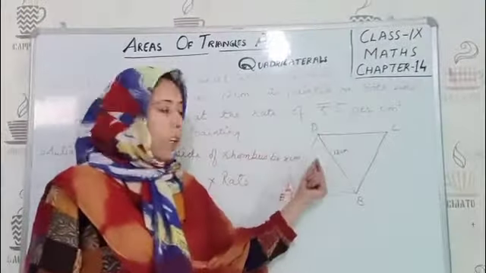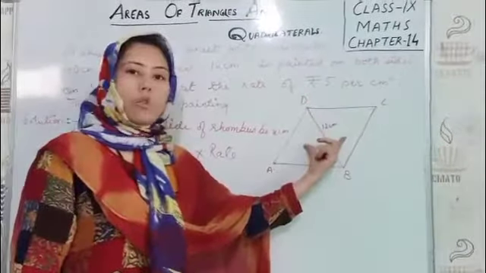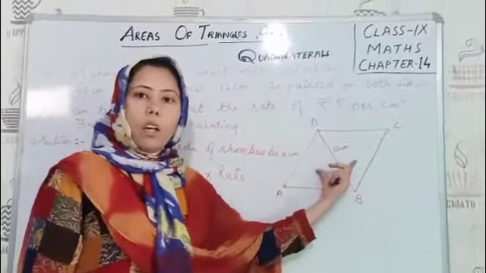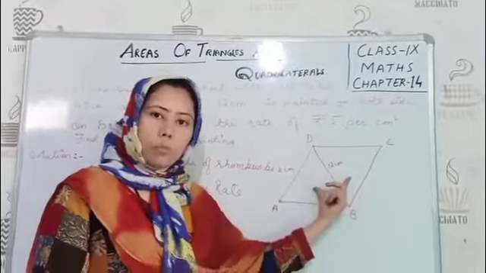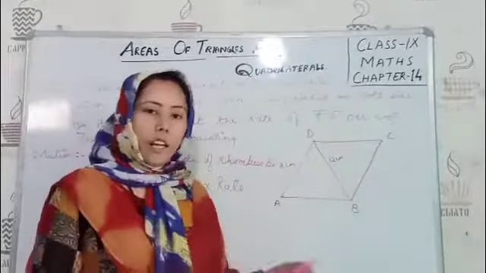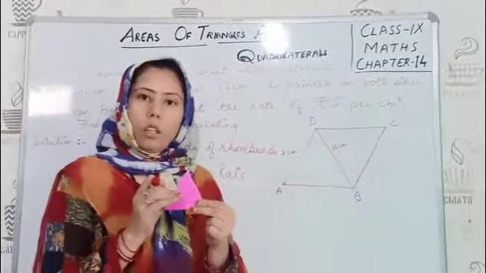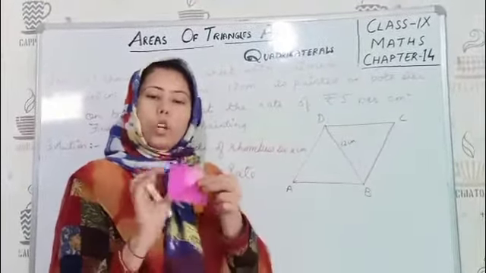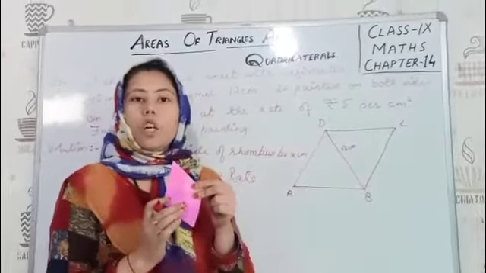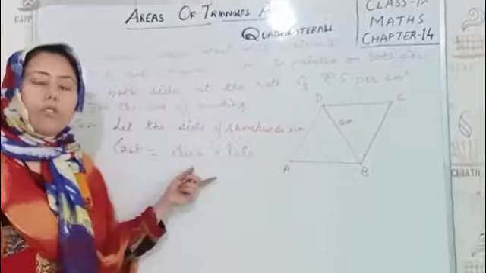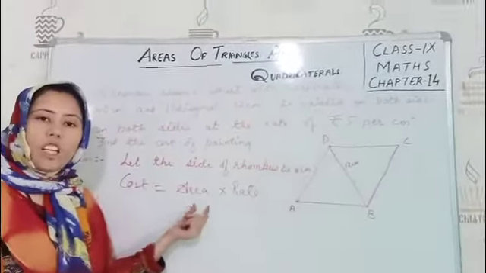A, B, D triangle and B, C, D triangle. The area of these two triangles when we will add, then we will get the area of a rhombus. Understood? So how many triangles are there? If I divide it into two triangles, area of this triangle, two triangles and two more triangles back side. This triangle and area of this triangle. So for finding the cost of painting the sheet, we have to multiply the area into rate.